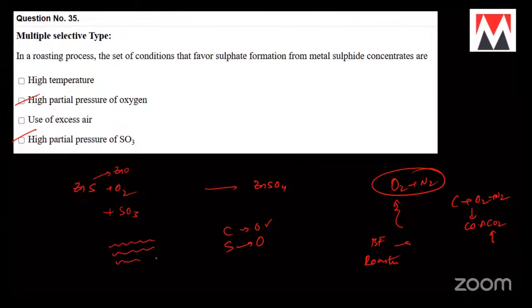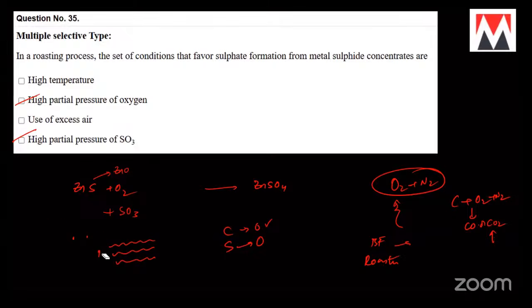In a ZnS roaster, you'll put the ore powder like this, and you want it to be separated into lighter particles. This is the fluidized bed you get, so each of the ZnS will react with oxygen. You can use N2 also, but if the partial pressure of oxygen is high, your roasting will be very good.